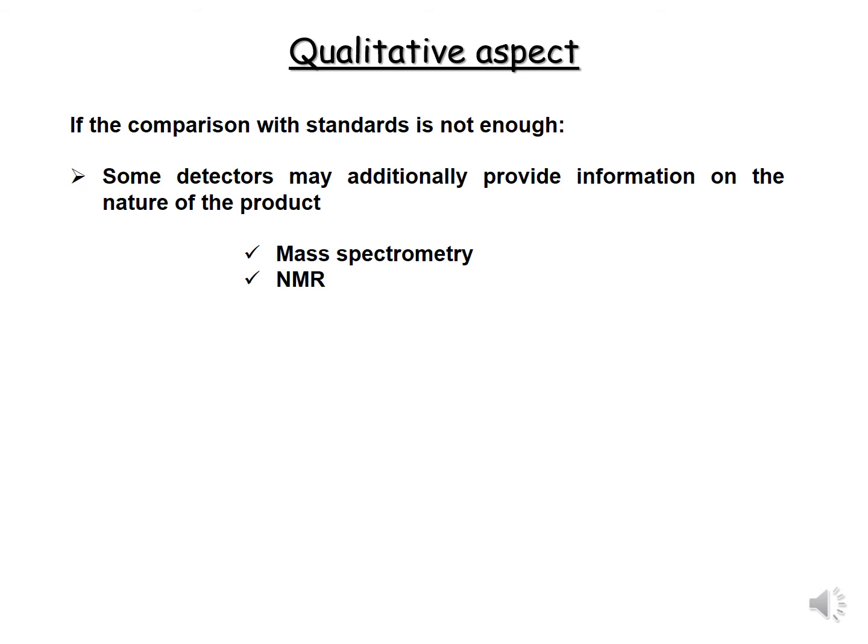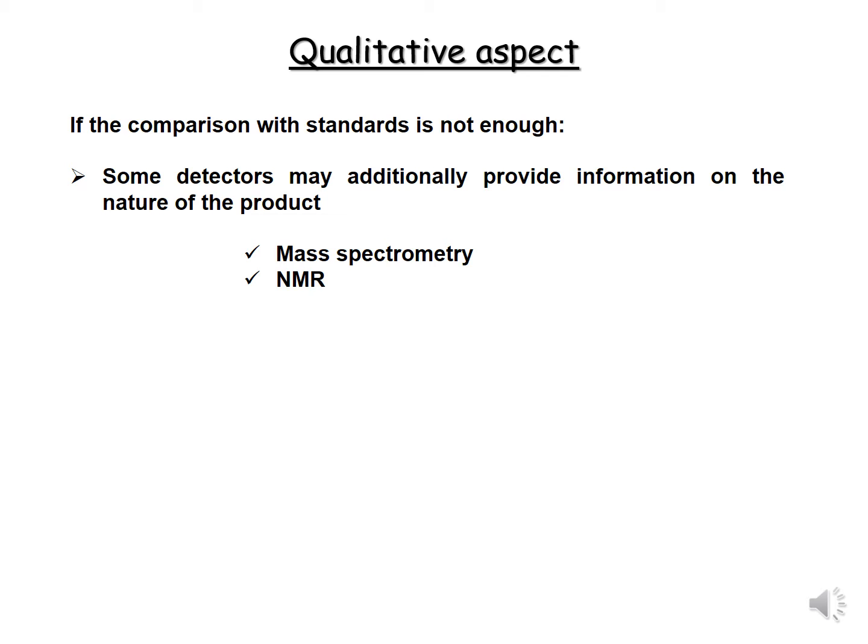But sometimes we have issues about the standard, because sometimes it is not possible to obtain the standard of our molecules. And then if the comparison with standard is not enough, or if it is not possible to obtain the standard, some detectors may additionally provide information on the nature of the product.